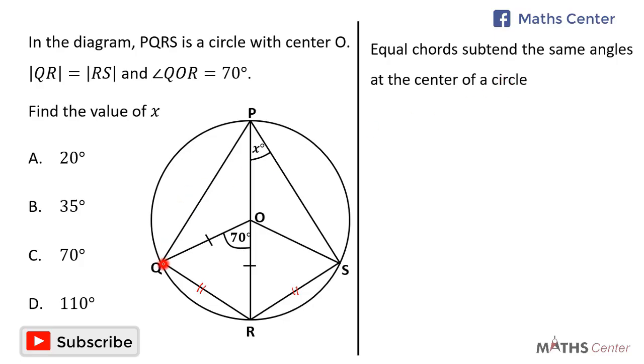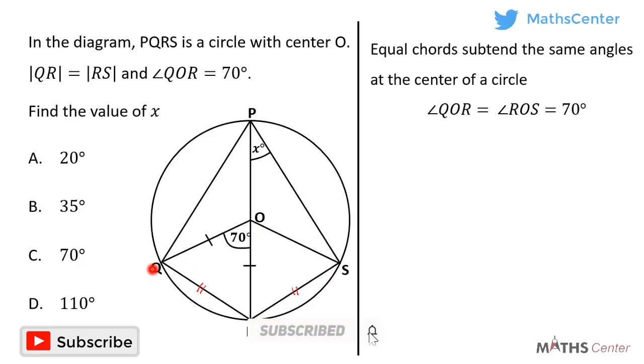So if the length of the chord QR is equal to the length of the chord RS, then the angle that the chord QR will subtend at the center will be the same as the angle that the chord RS will also subtend at the center. So if angle QOR is 70 degrees, then angle ROS is also 70 degrees. So the angle here is 70 degrees.